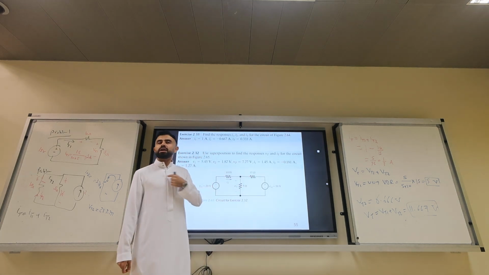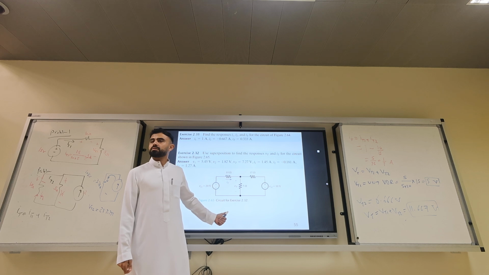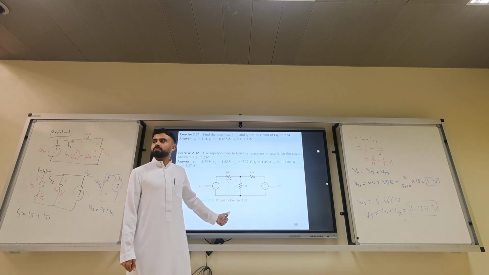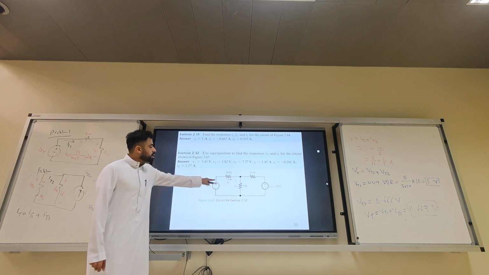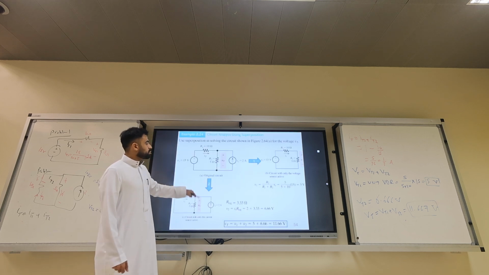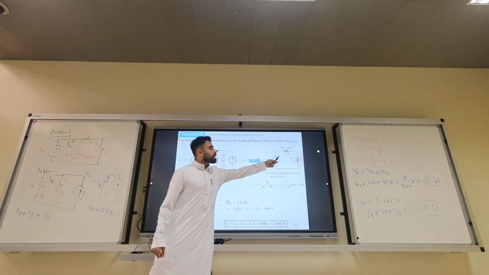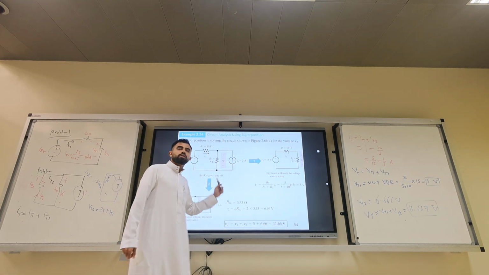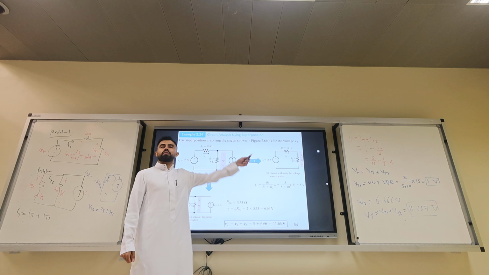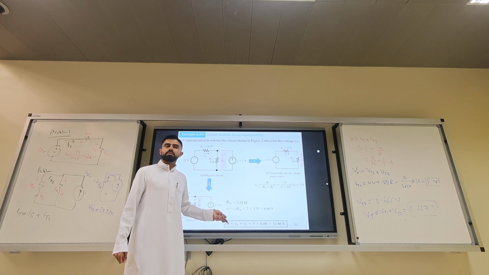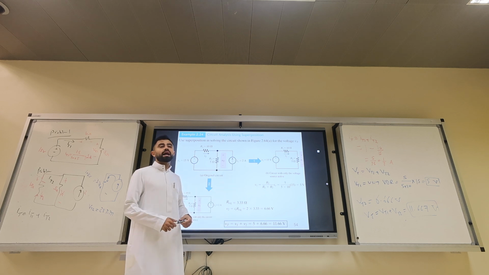So do you like my notation or the book notation? No, the book says it's IT. He splits it into I1 and I2. Do you like IT1 and IT2 or I1 and I2? I1 and I2. You like I1 and I2 better than IT1 and IT2?